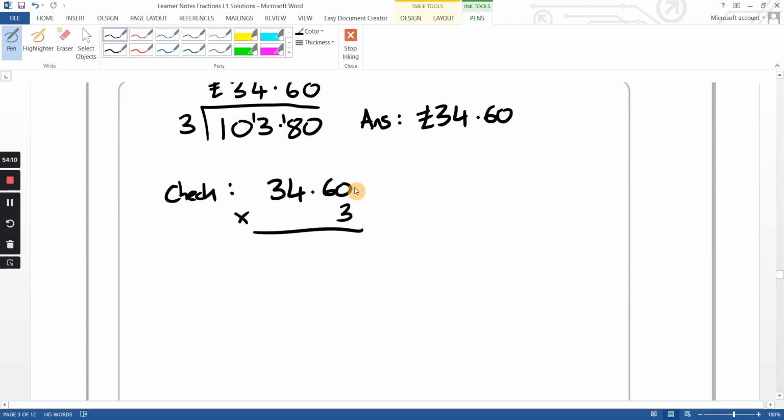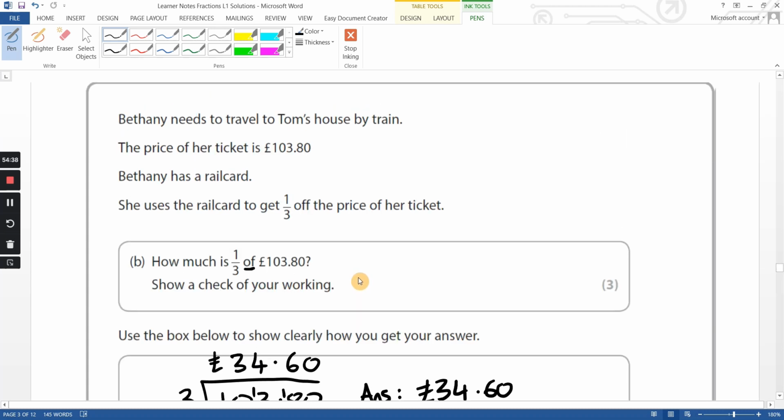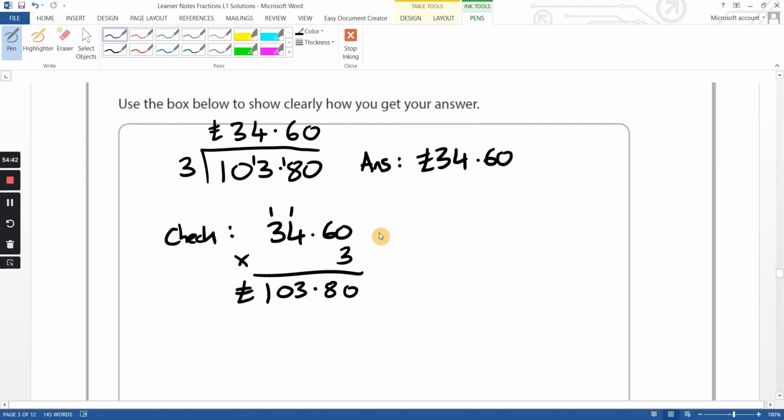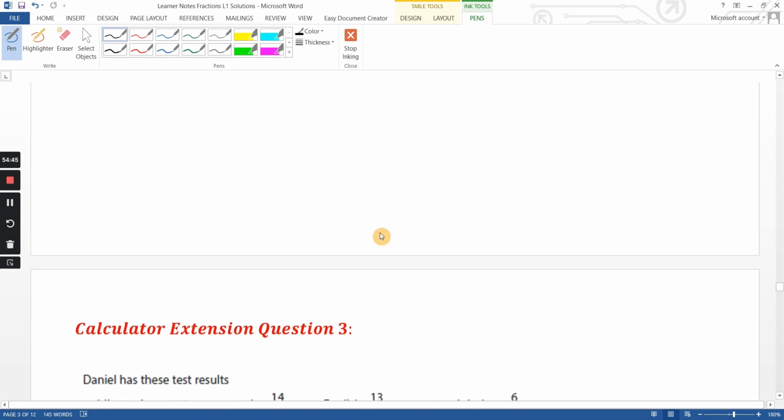So if we've done this right, we should get the original amount that they said. 0 for that. 18, carry the 1. 4 times 3 is 12, plus the 1 is 13. 3 times 3 is 9, plus the 1 is 10. So you get the original amount that they mentioned. Yep, 3 marks for that. Let's move on to the next one.